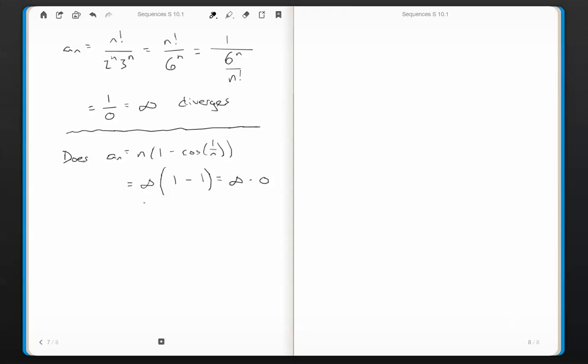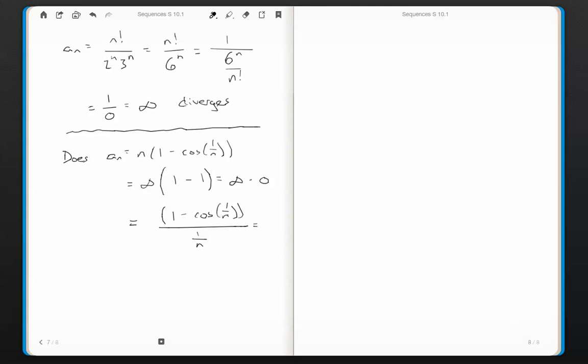So how do I rewrite this? Much like on that quiz problem, I could rewrite this as 1 minus cosine of 1 over n, over 1 over n. Now, how is that going to work out for us? We know that 1 over n goes to 0, and cosine of 0 is 1.